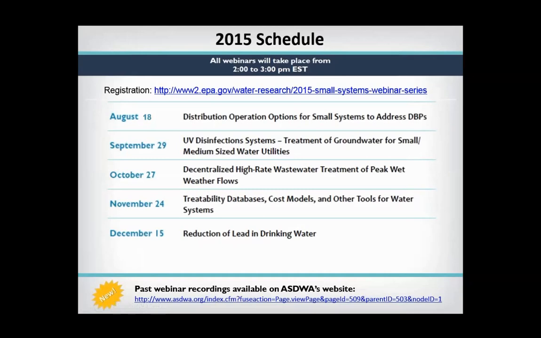Part of the reason you don't want to just, and this actually touches on another question that I think we'll get to in a little bit, one of the reasons you don't want to just ignore older homes that are consistently having low sample results is that things like construction can knock loose scale from lead and copper pipes and cause a spike in the contamination levels in your samples. So I don't think it's ever a good idea to just say, these sites we've been sampling have been consistently low, so we're just going to ignore them for now.